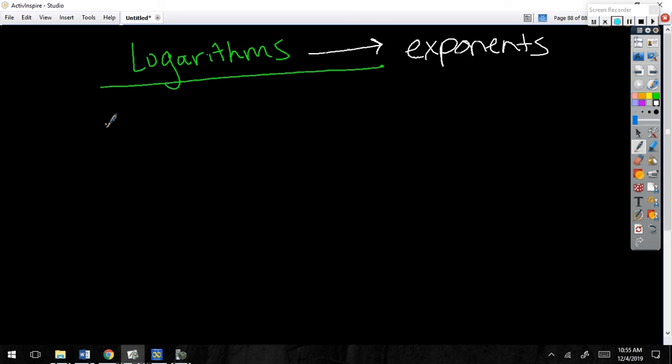If I have b to the x equals a, I can rewrite this using logs. This is what we call exponential form.